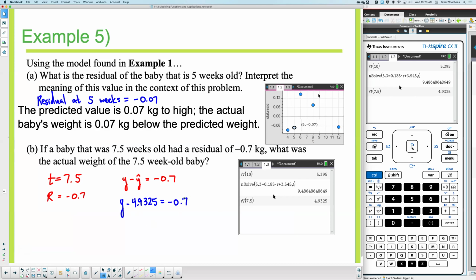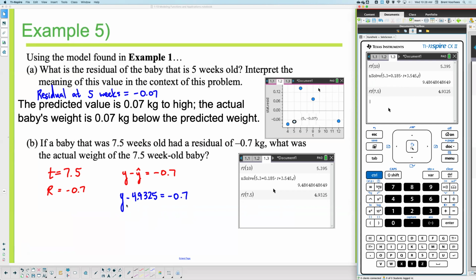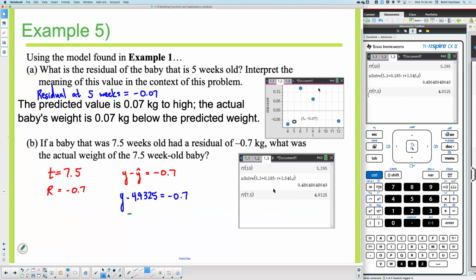We could do an nSolve on this, but this one's such easy algebra. What would I need to do to get y isolated here to find my actual data? All I'm going to do is add this. That's going to be such an easy step.